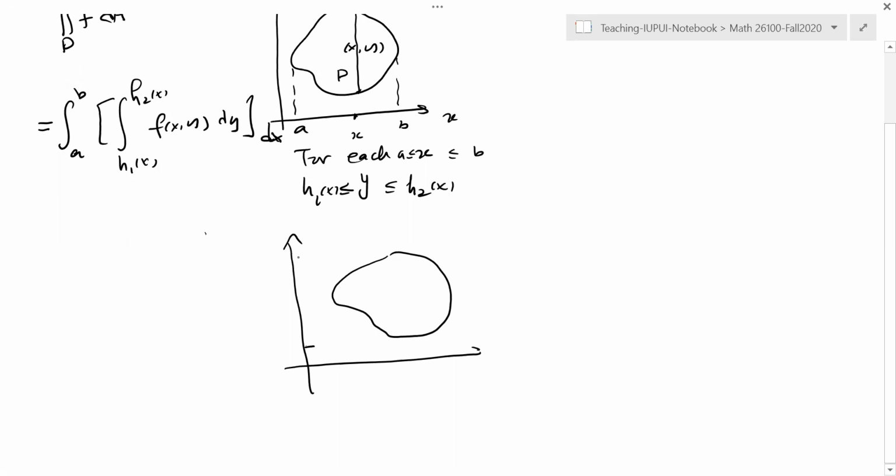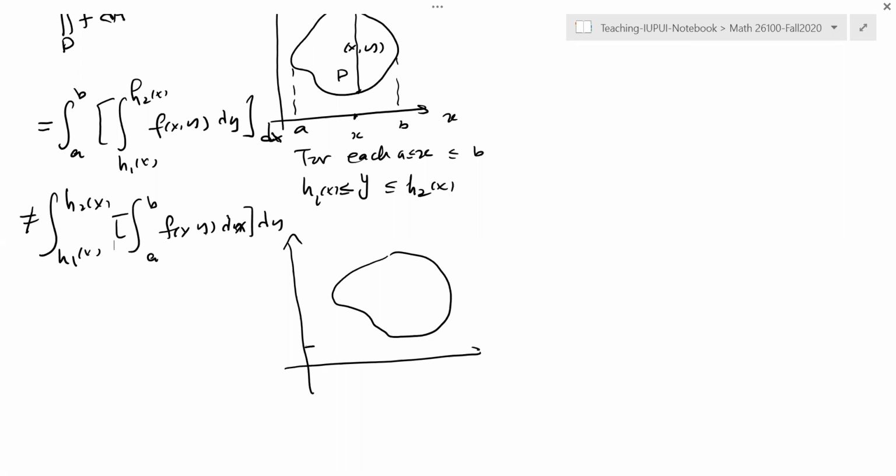So let me repeat again, it's not going to be h of x. If you write it like this, you totally don't understand double integrals and iterated integrals, so it's hard to give you any partial credit. We never have an integral like that.